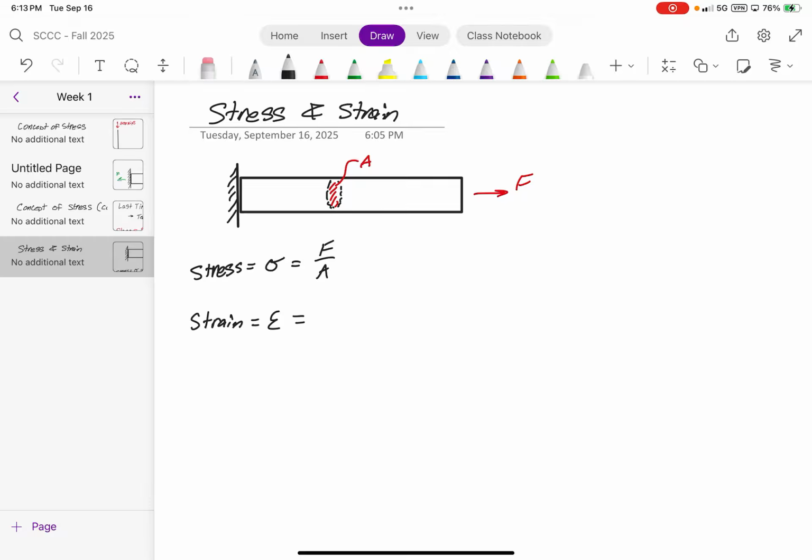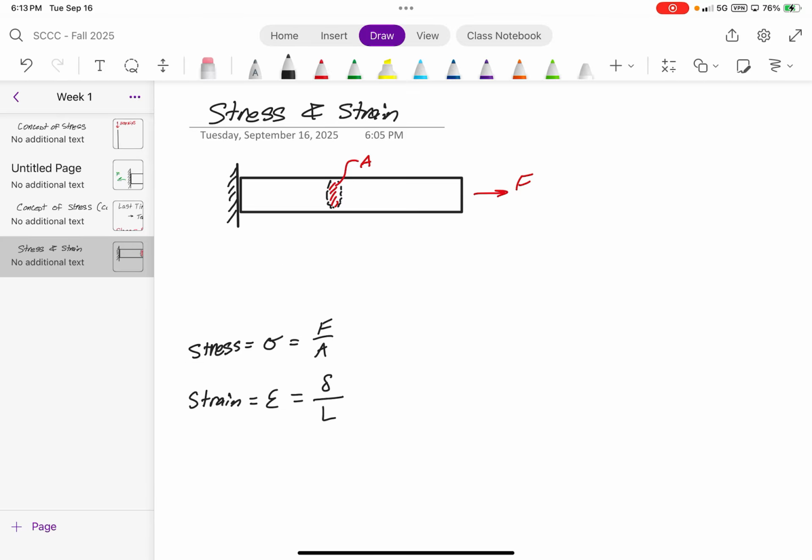And that epsilon is equal to the change in length, delta, over the total length, L. I will just move this really quickly just so I can show you guys what those terms refer to. So the bar is just going to be some initial length L, right? That's the undeformed length of the bar.